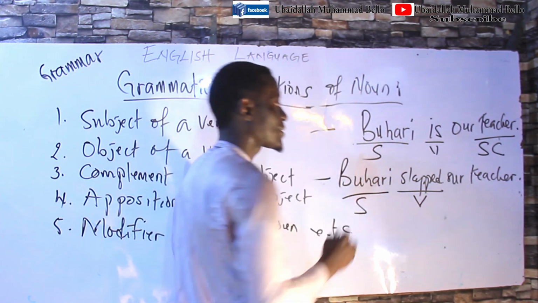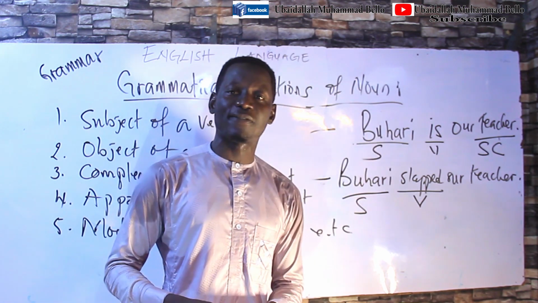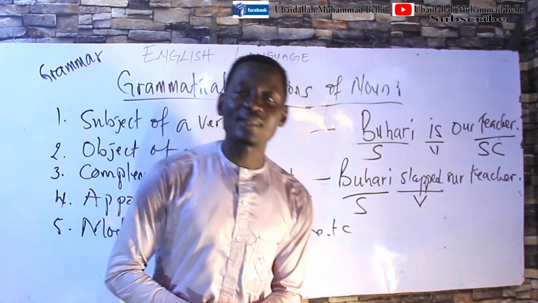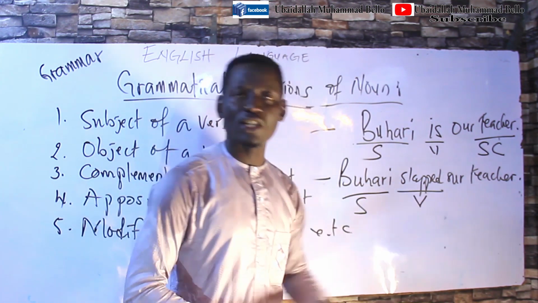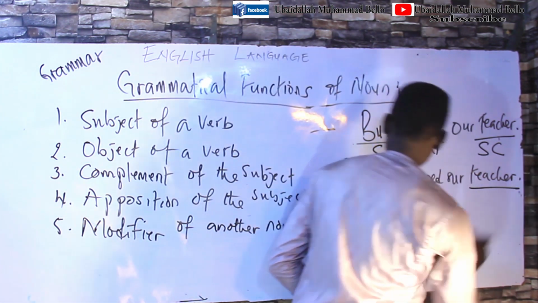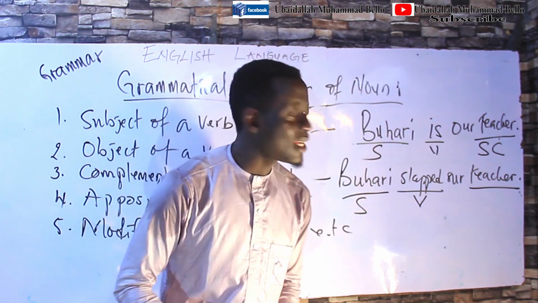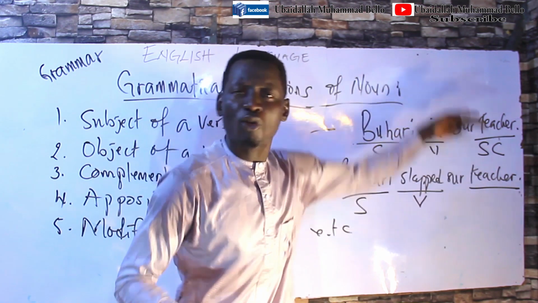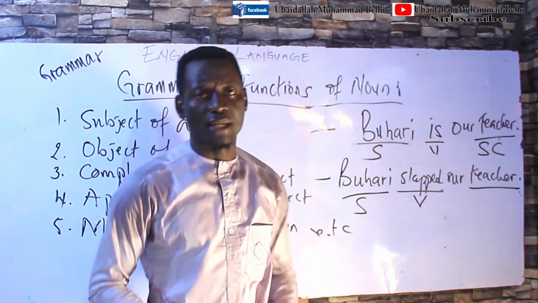Buhari here is our subject, just like we have Buhari in the first sentence as our subject. But the question you would ask yourself is, is teacher a noun still? Yes, it is a noun. But do we call it object of the sentence or complement of the subject?